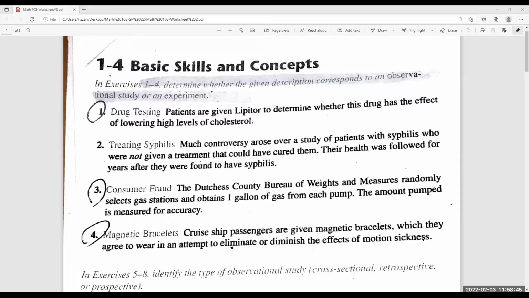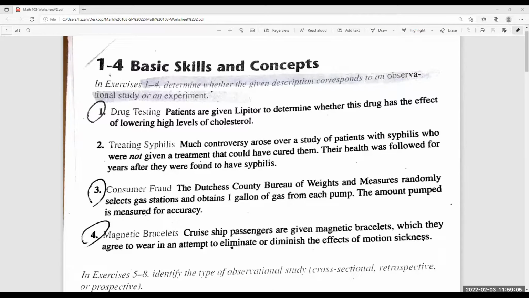Which one is it? Experiment. It's experimental because you apply it. You got the people, you are going to give them Lipitor and wait to see what's going to be the effect. Okay, so that's going to be experimental.